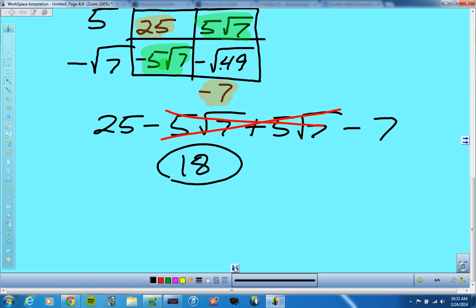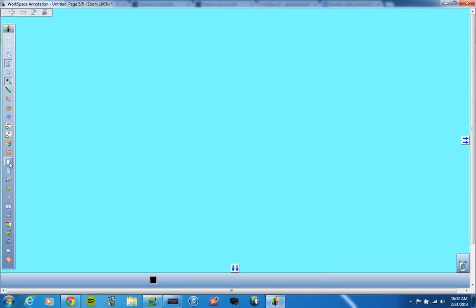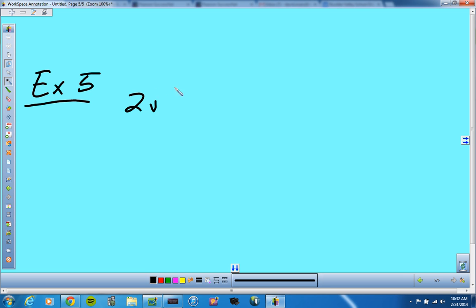All right, we're going to do 2 more of the last type of example. You're going to have fractions with square roots, numerator, denominator, that you have to cancel. Okay, so first we're going to do 2 root 7 over square root of 5 minus square root of 3.